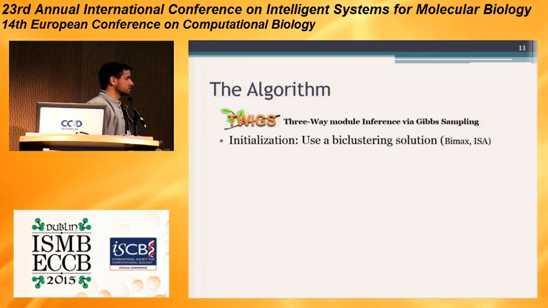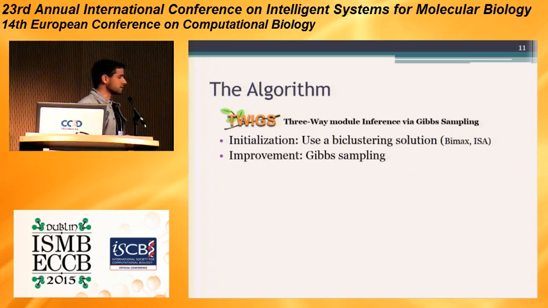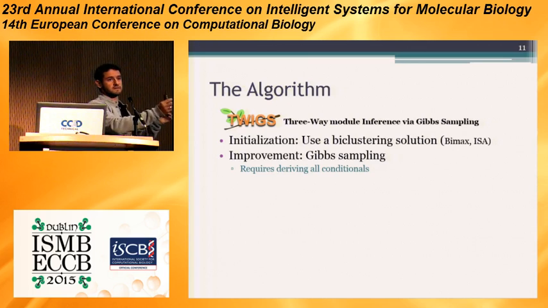We start by running some bi-clustering algorithm to get a good initial solution. And then we use Gibbs sampling to improve this initial solution. And of course, to use a Gibbs sampler, you need to derive all conditional probabilities of each parameter given all other parameters. This is a bit technical, and you can find the details in the paper.